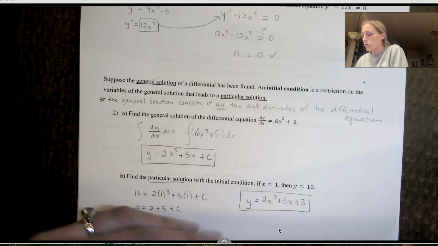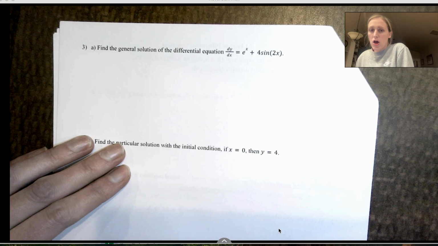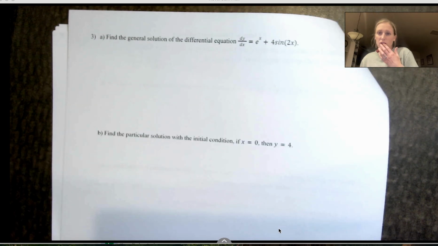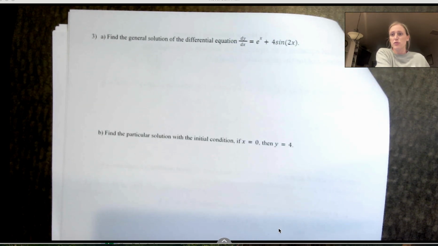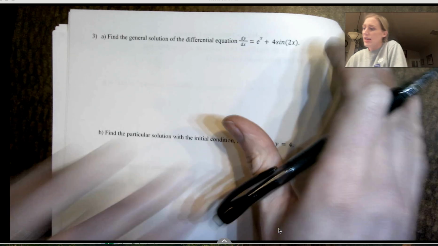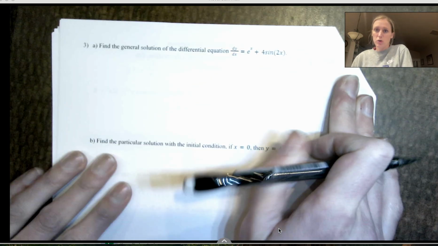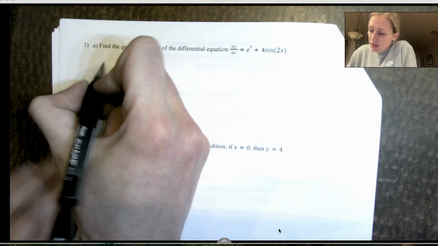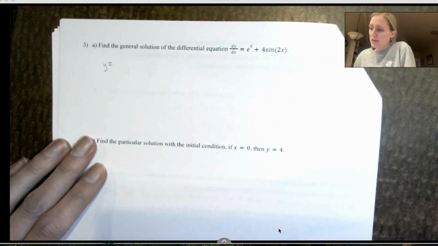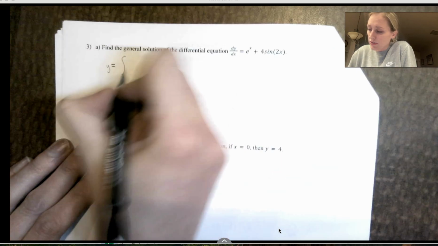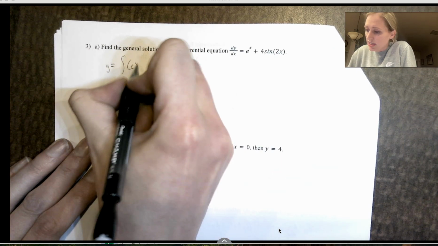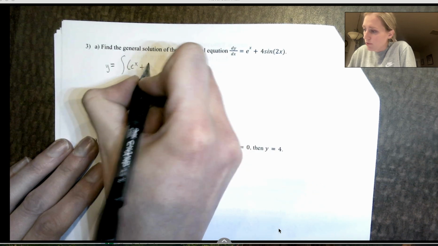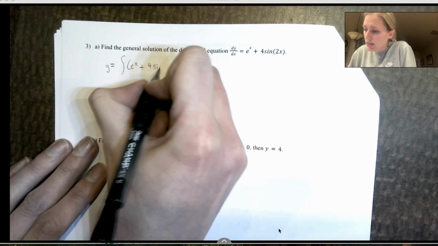All right, we've got one more like that, where we are asked to find the general solution. Okay, so again, I am just basically going to integrate both sides to find the antiderivative and find a solution y equals. So if I take the integral of both sides, I'm going to be left with y equals the integral of e to the x plus 4 sine 2x.